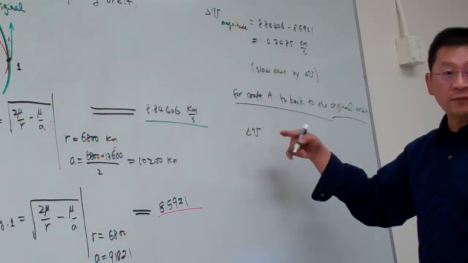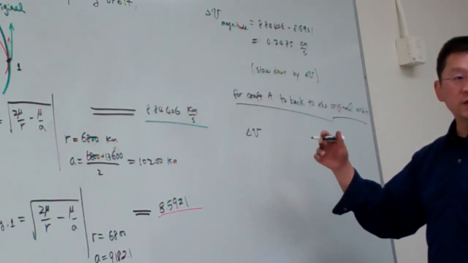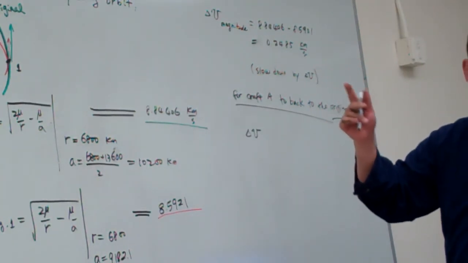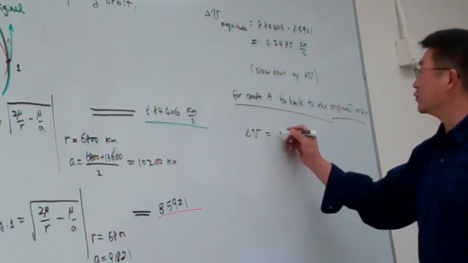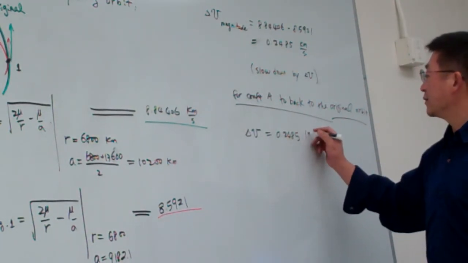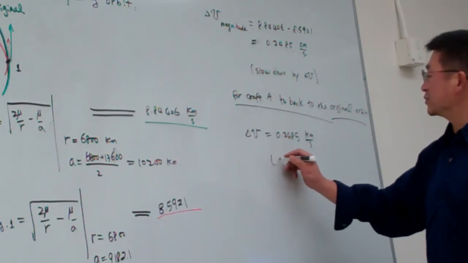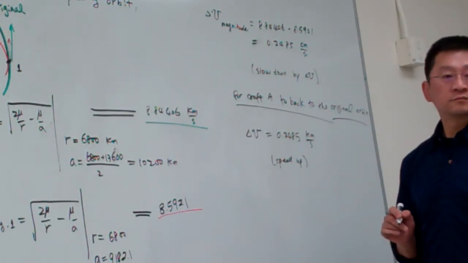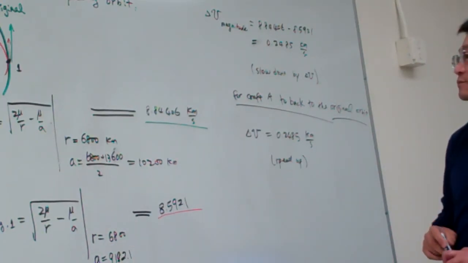It is the same amount, but this time you need to speed up, because you switch from the phasing orbit back to the original. You can verify the same calculation.